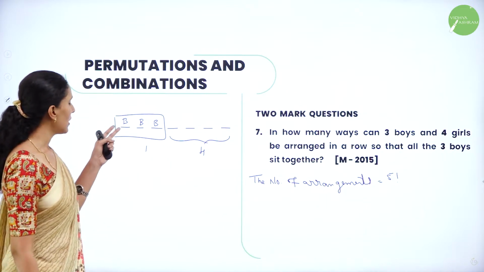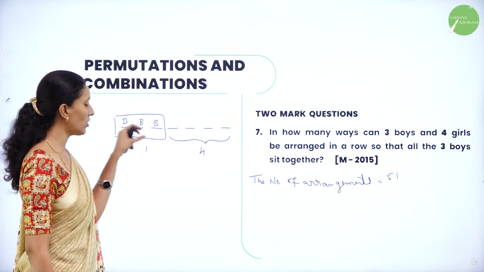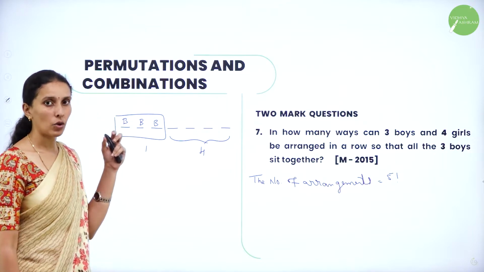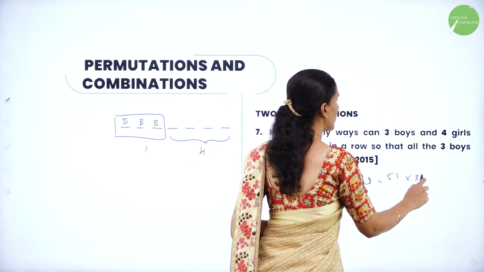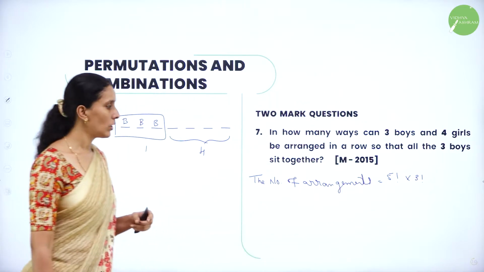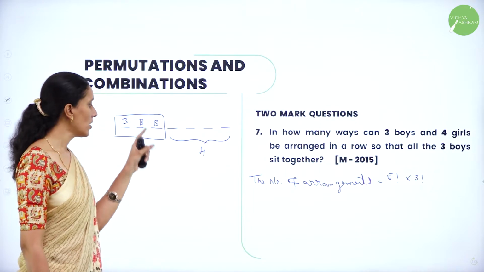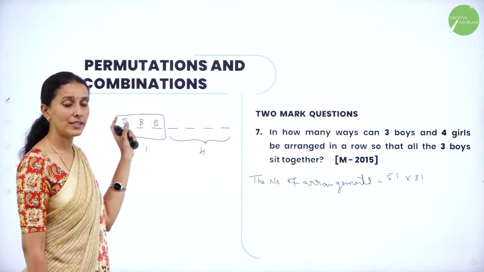But the 3 boys can also interchange their places, and hence they have 3 factorial ways to arrange themselves. So therefore it is equal to 5 factorial into 3 factorial. 5 factorial is for the placement of the girls as well as the 3 boys, considering them as 1 unit, because they cannot be separated, they always sit together.